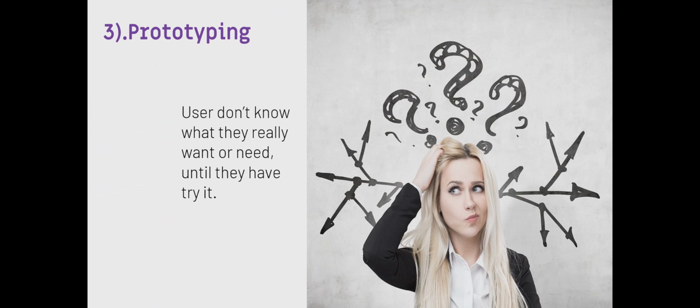It is often said that users can tell you what they want or what they really need, but when they see something and get to use it, they soon know what they want or don't want. After we have established some requirements, the next step is to try our design idea through prototyping and give it to users to use so they can tell you what they like or don't like.